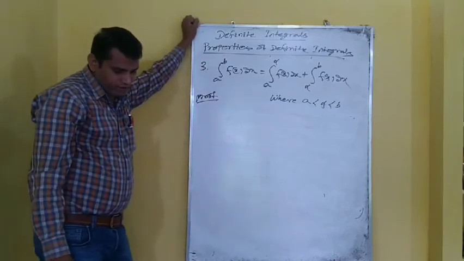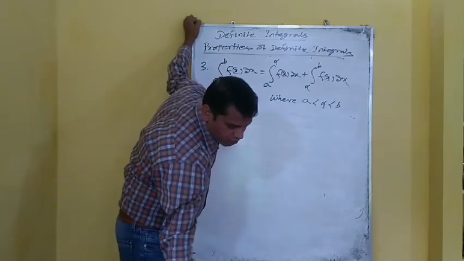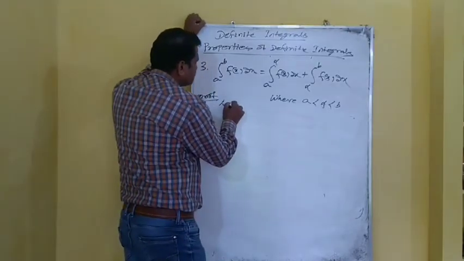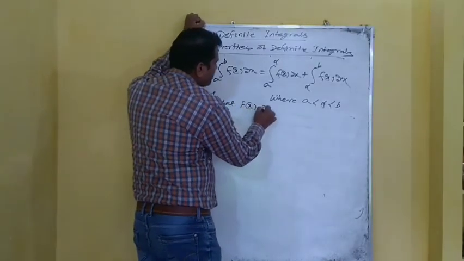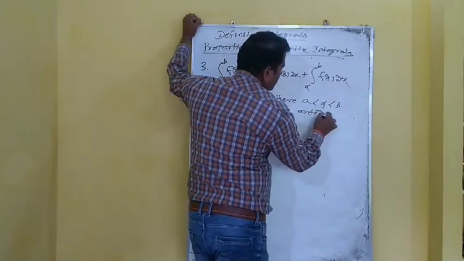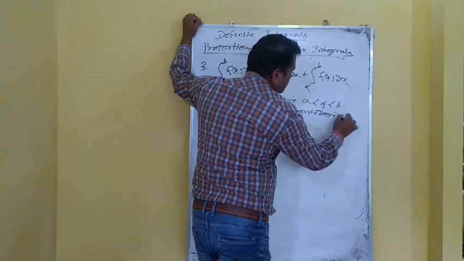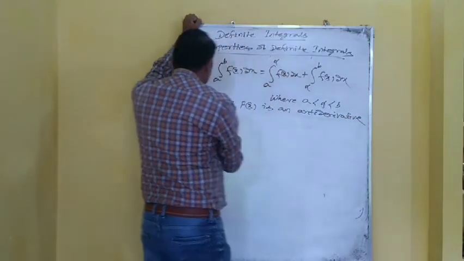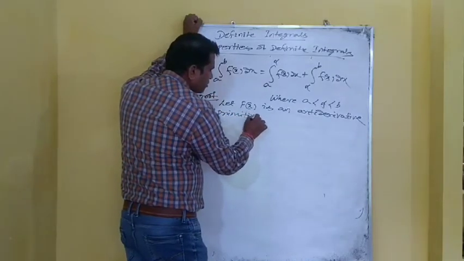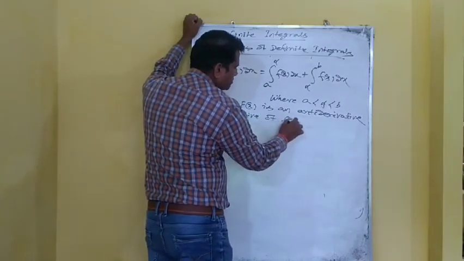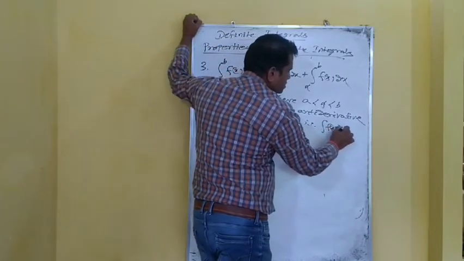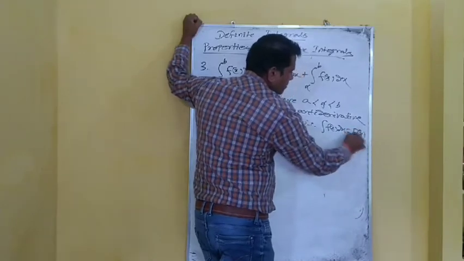For the integral from a to b, let capital F of x be an antiderivative or primitive of small f of x, that is, the integral of f of x dx is equal to capital F of x.